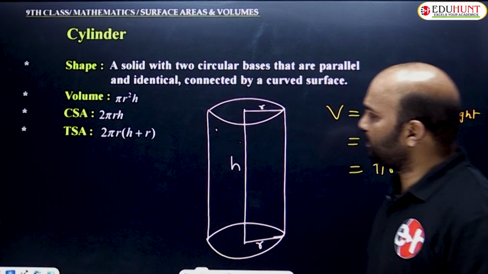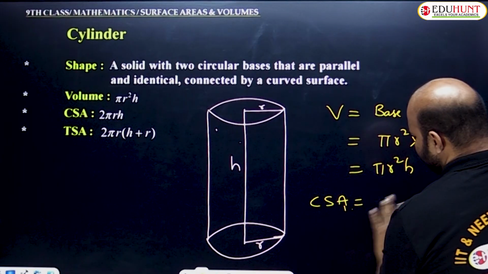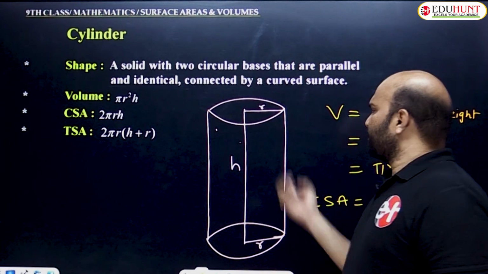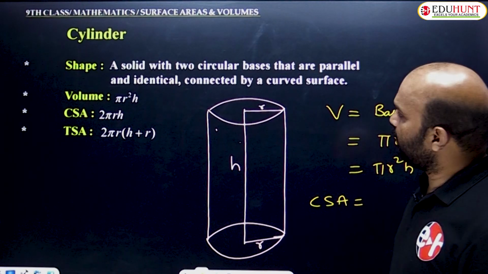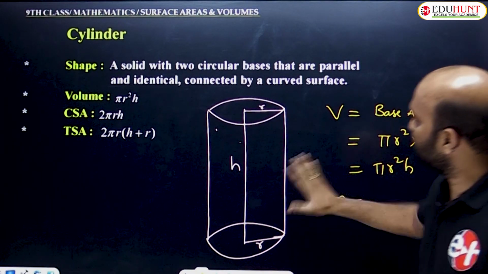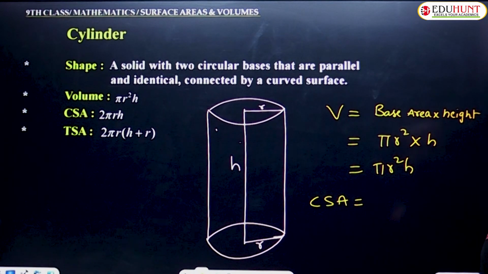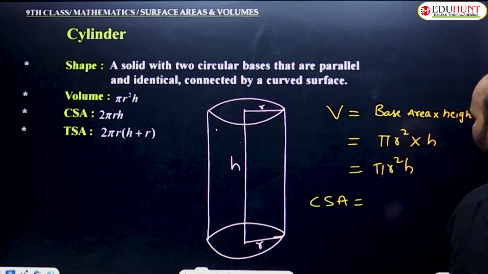Am I clear? So next one, curved surface area. It is also a prism, because the upper surface and lower surface are identical, parallel, and connected by a curved surface. That is called a cylinder. So curved surface area equals, what is the formula already given? Base perimeter into height.